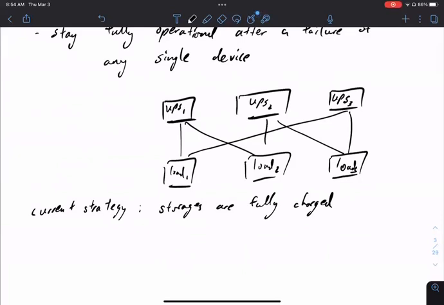So any drawbacks from this strategy? Many, many little storages in the system, just keeping them at 100% capacity all the time. Right, so one drawback is if you have a battery that's full all the time, it's not very good for the life of the battery.